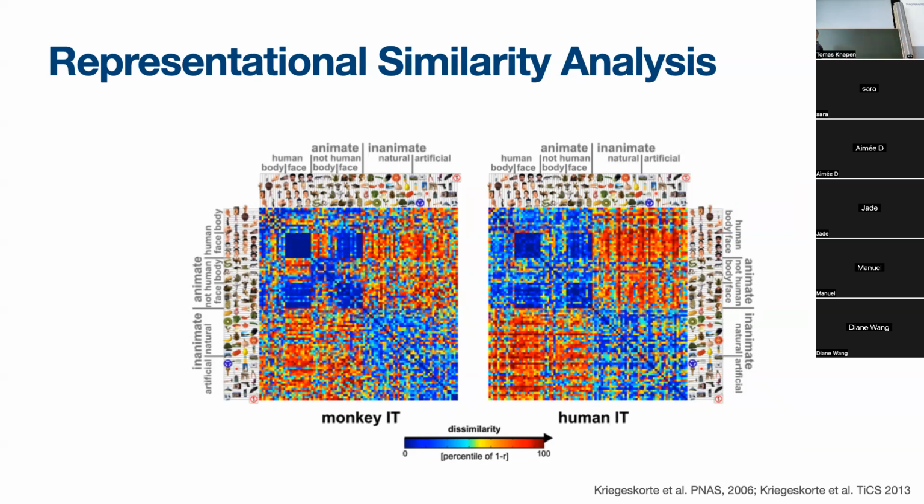And if I show the monkey the same stimuli as I do the set of humans, this will allow us to create the same matrix, like inanimate, animate, human, not human. Same matrix, it's filled up. You see that it's symmetric, because any comparison between I and J is also the same comparison between J and I. You can get that from monkey IT, and you can get it from fMRI in human IT.